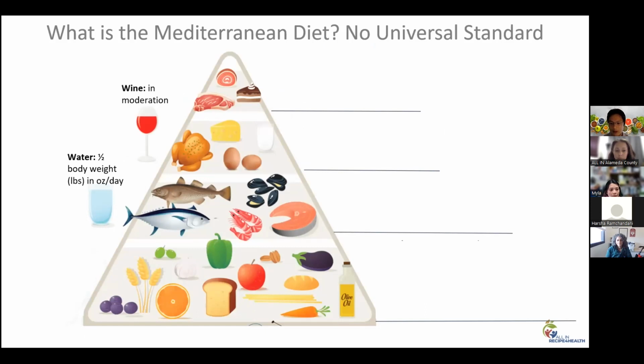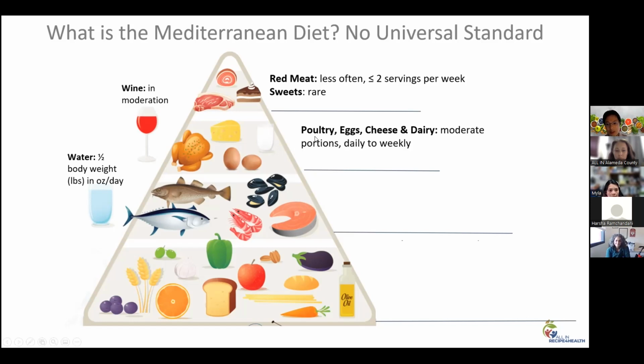Does it look fairly similar to the DASH diet? I don't get technical, right? But if you were to try to read the serving sizes, it'd be less meat, rare sweets, poultry, chicken, eggs, cheese, and dairy, right? Similar to DASH, some cheese and dairy.